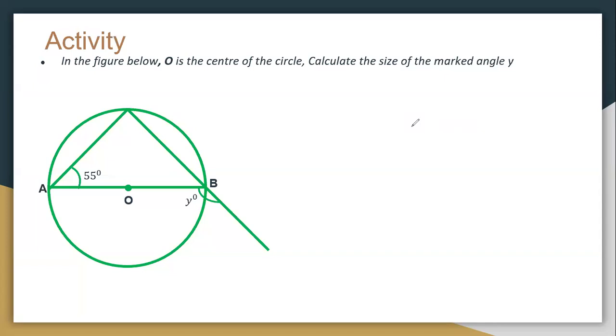Morning, sir. Now we are using our theorem, which states that the angle subtended at the circumference by a semicircle is 90. Meaning up there we are putting a 90.